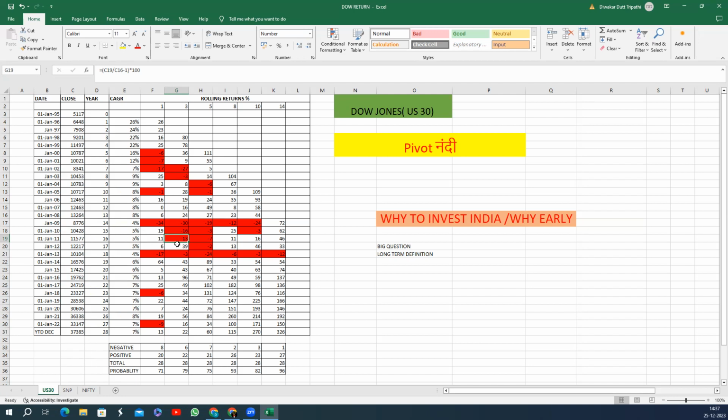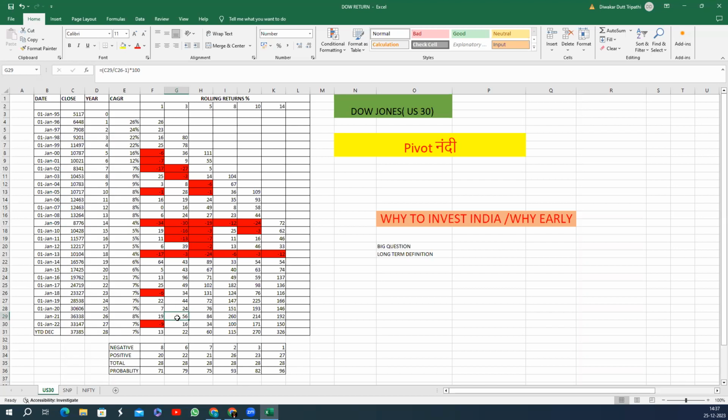So someone at the end of 3 years has only yielded a minus 13% return, whereas someone who invested in year 2009 and remained invested for the next 3 years is getting a 39% return. So on and so forth, you can see.